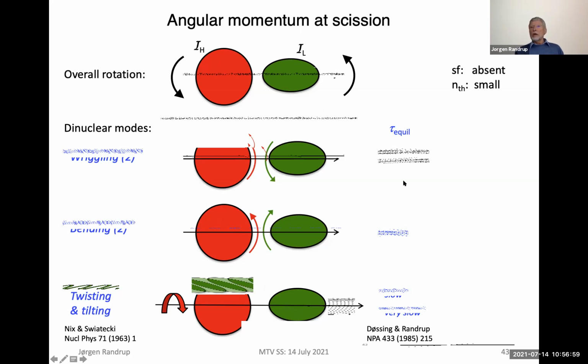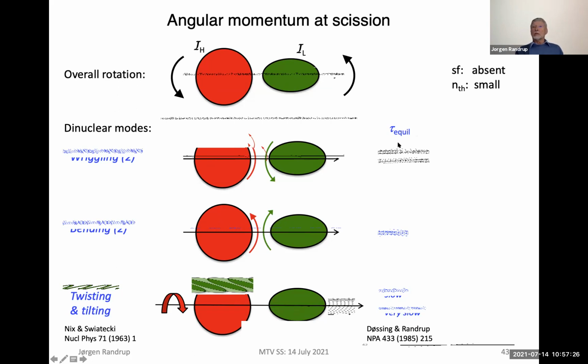A long time ago, with Thomas Dössing, we looked at the development of angular momentum in damped nuclear reactions. Your two nuclei come together, you exchange nucleons, you build up angular momentum inside the nuclei, and we calculated the corresponding characteristic times, the equilibration time it takes to build up angular momentum.